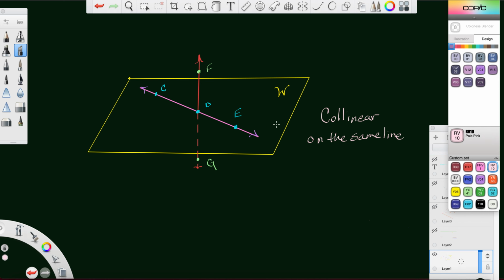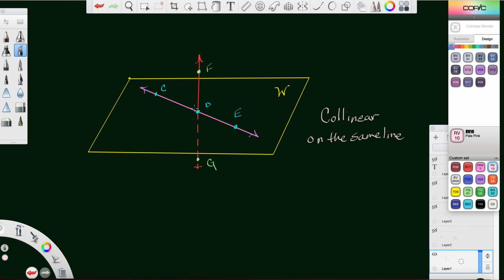The next question is, name the point of intersection of the plane W and the line F and G. Okay, so the line here, and where does that line intersect with this whole plane here?